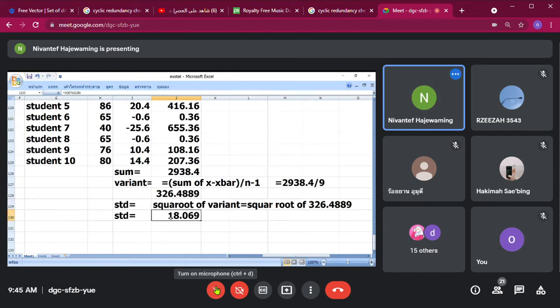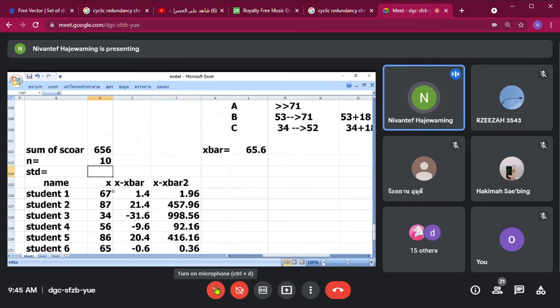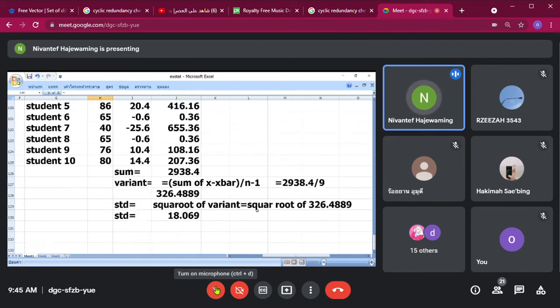Look at this one. It's standard deviation. Maybe this number 18.069. You can get 18.07. You can use only two digits if you need, or you can use 3 digits.